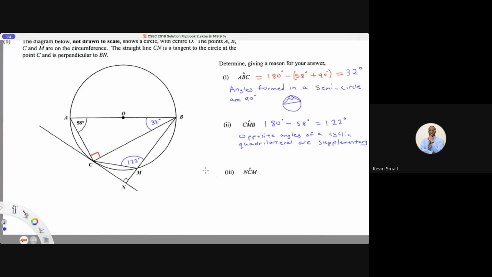Now the last one is NCM, which would be this angle here, NCM, that little small angle down there. I'm interested in hearing how you work out that angle down there.